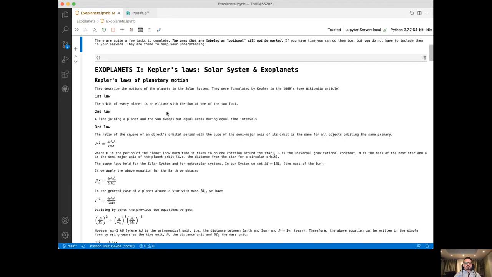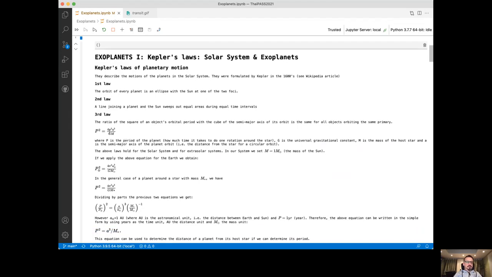And the third law that we're gonna focus on in this exercise states that the ratio of the square of an object's orbital period to the cube of the semi-major axis of its orbit is the same for all objects orbiting the same primary. And the equation that describes the third law is this one that you have here.